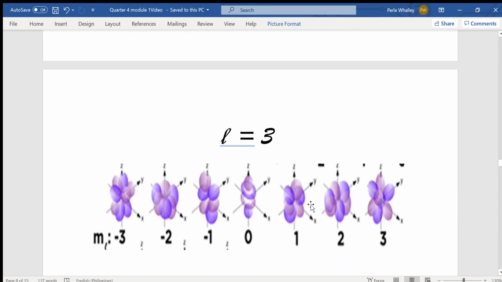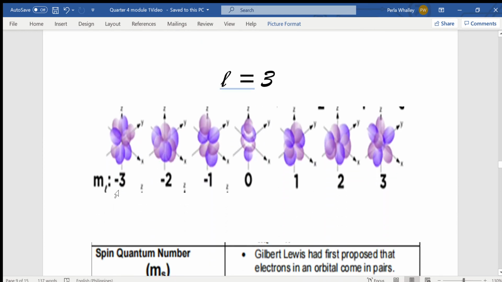When L is equal to 3, both ends would be 3, but on the left side, that would be minus 3, minus 2, minus 1, 0, plus 1, plus 2, and plus 3.